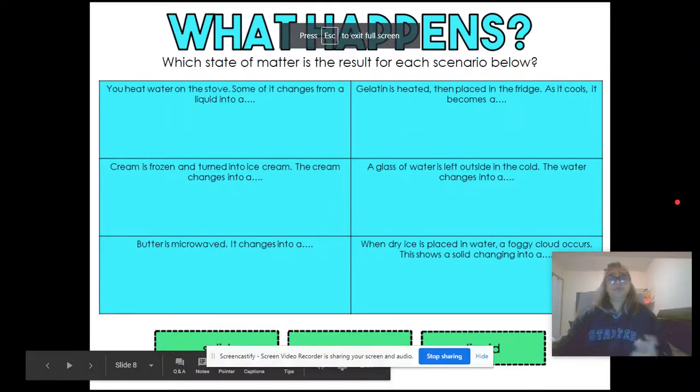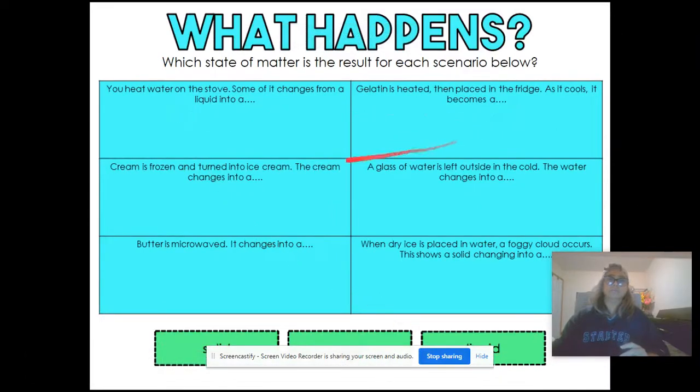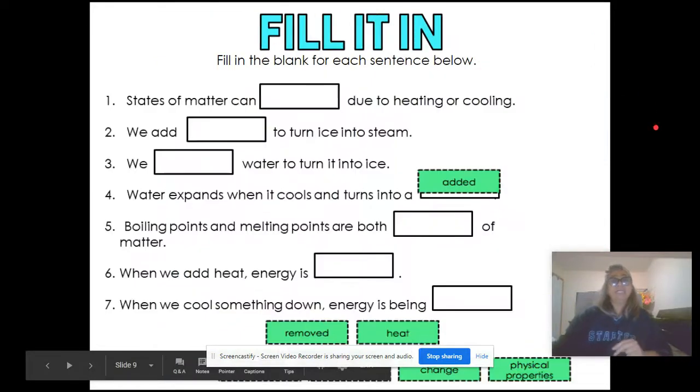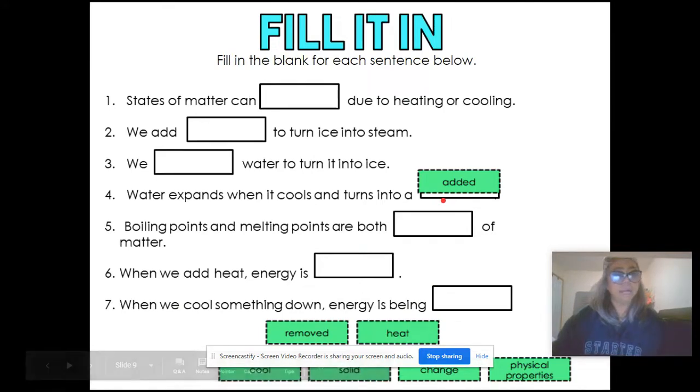Now, I'm asking you, what happens in these scenarios or situations? A glass of water is left outside in the cold. What do you think the water changes into? Solid, liquid, or gas? You decide. Now fill it in the same way. So you could simply drag and drop the correct answers here.